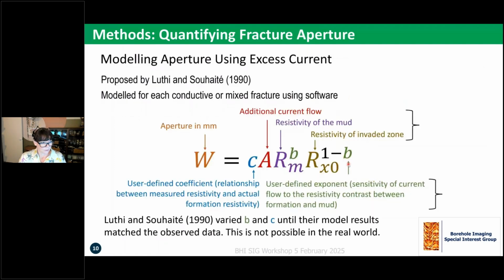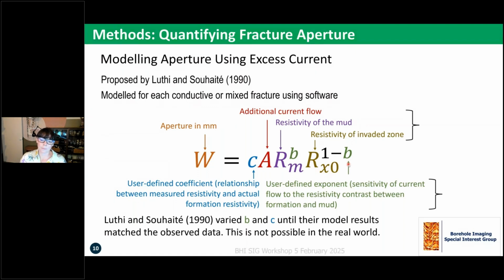But we really want to quantify aperture. There's a nice piece of research done in the 90s that's now an algorithm in a lot of software packages, the Luthi and Souhaite method, that uses excess current flow.